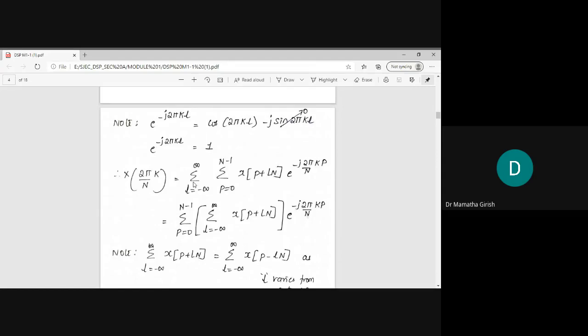Please note that in the next step, I've tried to put the like terms under one bracket: summation containing p, its corresponding exponential term over here, and summation consisting of L and its corresponding term.